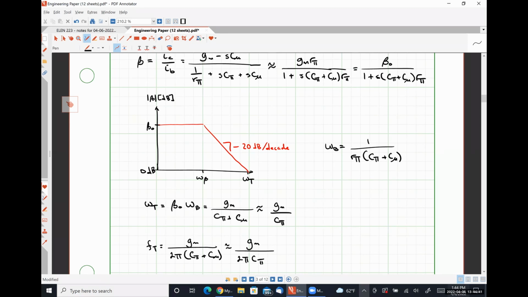So omega t and FT really just represent the unity gain bandwidth in radians per second or in linear frequency. Effectively, if we know where the gain of our transistor amplifier hits 1, and we know the transconductance we have, we can determine the value of C pi.